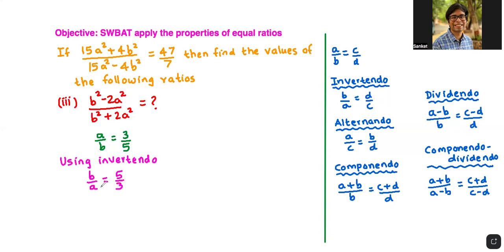So now this is a good starting point for me. I can see b and a are both squared. So I'm going to square both sides. I get b² upon a² is equal to 25 upon 9.